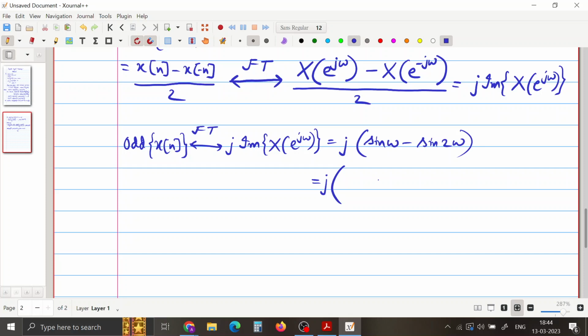We know the formula for sine theta. It's e power j theta minus e power minus j theta by 2j. So if we use that formula, we have this by 2j. And similarly for the second term we have e power 2j omega minus e power minus 2j omega by 2j.